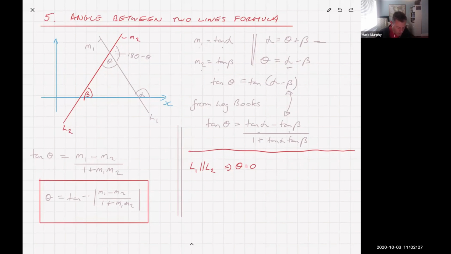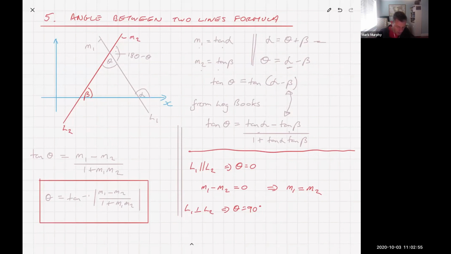So what we do here is look above the line because we need this to be 0. So M1 minus M2 needs to be equal to 0. Therefore, M1 equals M2. Similarly, if L1 is perpendicular to L2, in this case theta is equal to 90 degrees. That's obvious, isn't it? They're perpendicular.